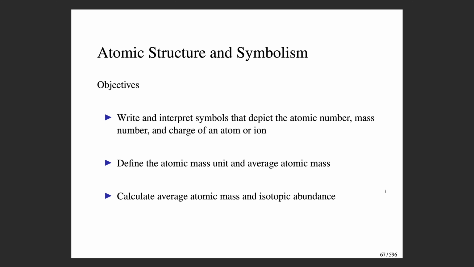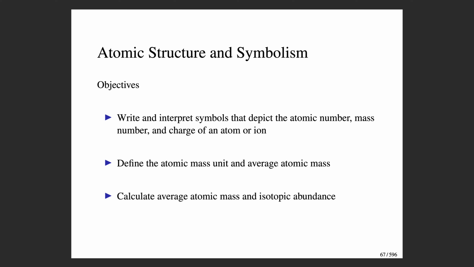We'll go ahead and talk about this next section as well. So looking at atomic structures and atomic symbols, we want to be able to write and interpret nuclide symbols that depict atomic number, mass number, and atom charge.